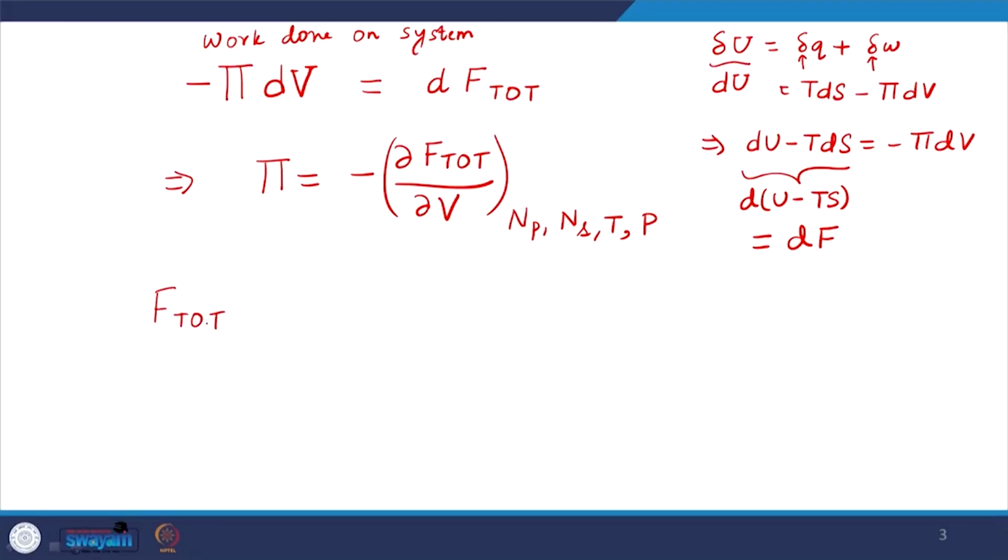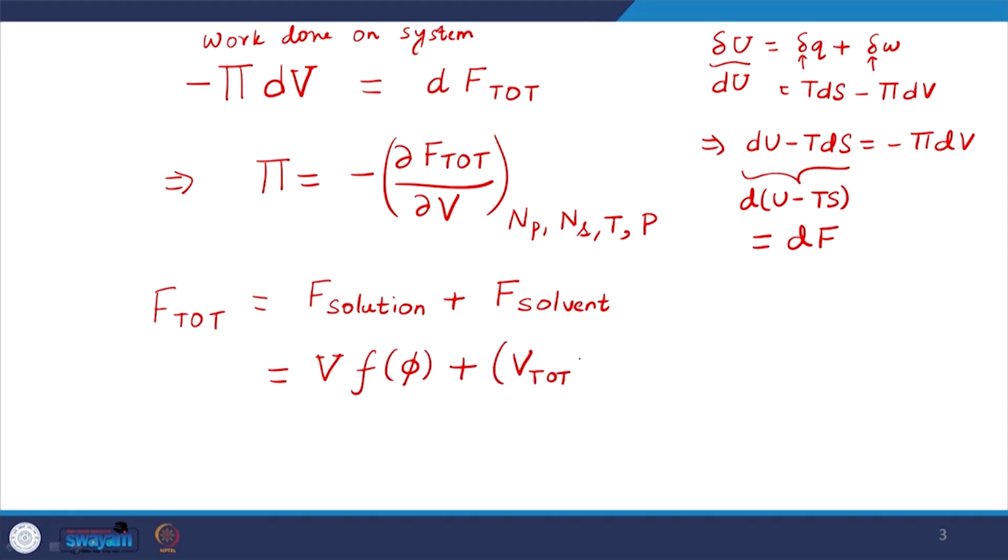the total free energy will be equal to the free energy of the solution plus the free energy of the solvent, and that we can write in terms of the free energy densities as V multiplied with f of phi plus V tot minus V multiplied with f of 0, because on the solvent side the volume fraction of solute is 0, it is a pure solvent.